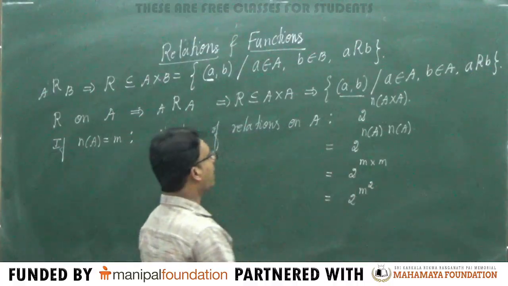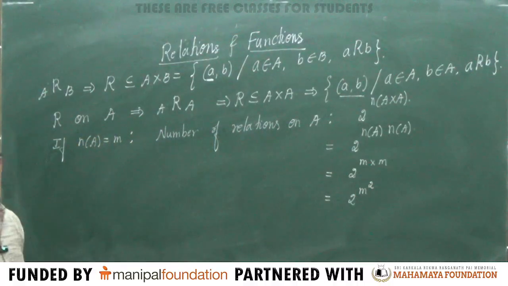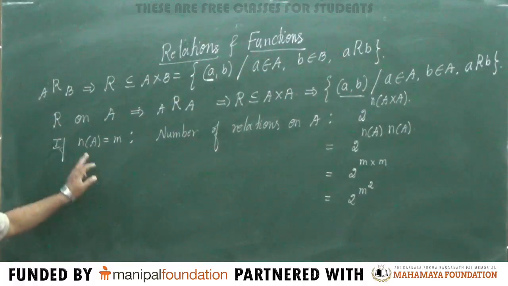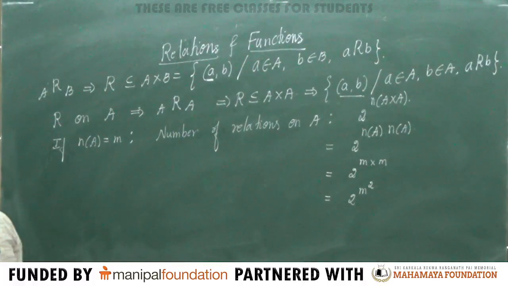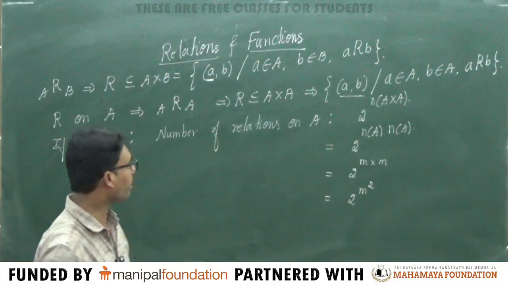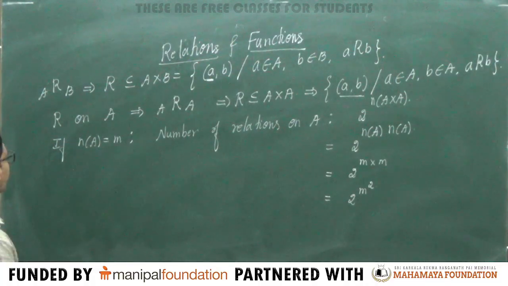So this is the formula to find the number of relations on the set A if the set A contains m number of elements.